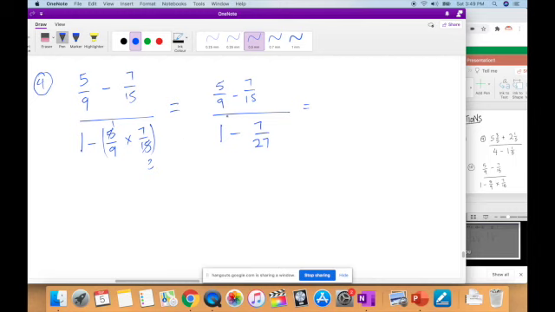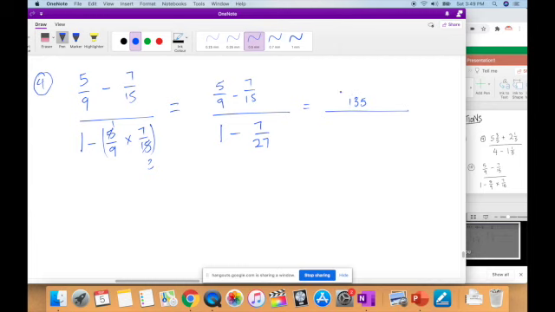We can see here that we have no choice but to go 9 times 15, which is 135. Now, even though there is an LCM there, we don't really have to study what the LCM is, because remember 3 could go into 9 and 3 could go into 15.